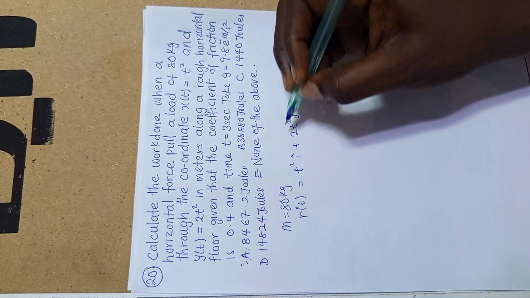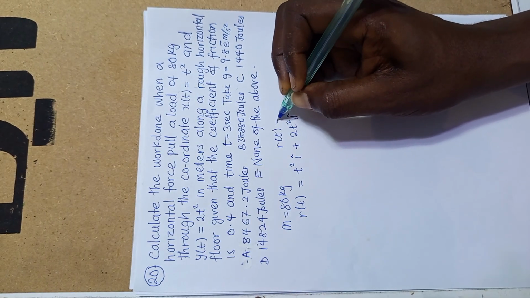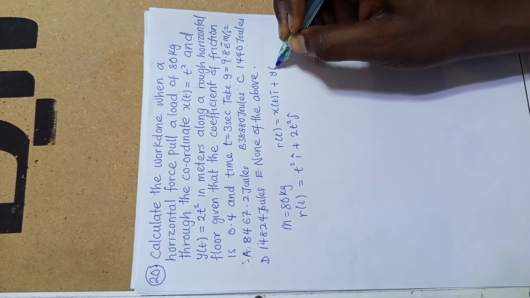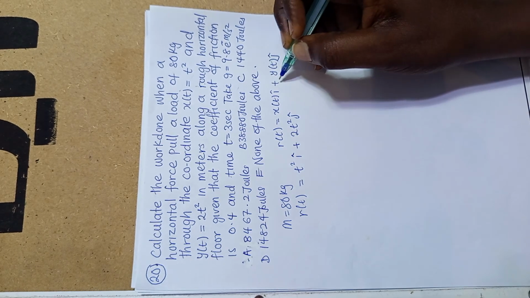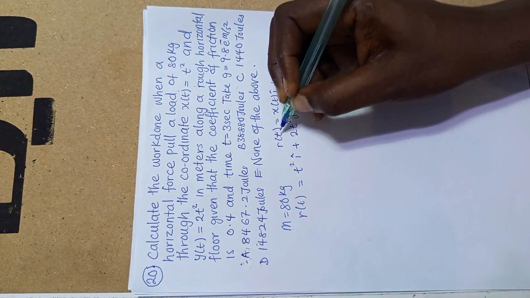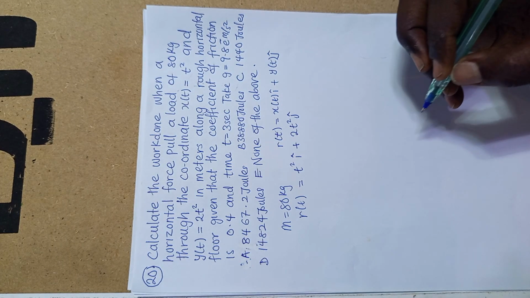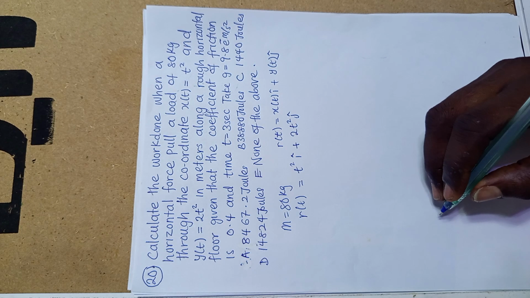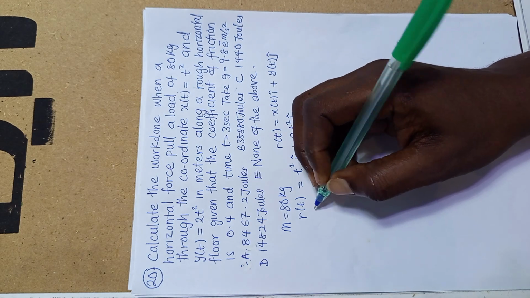Don't forget, our r of t is equal to what? x of t i plus y of t j, where this is the position vector in terms of t at any time t.